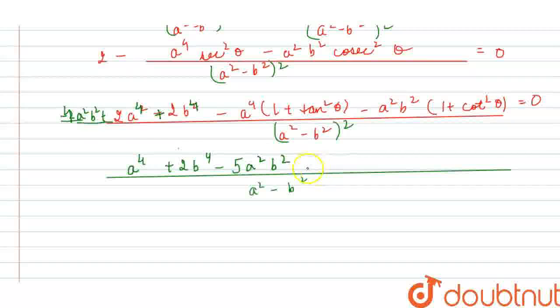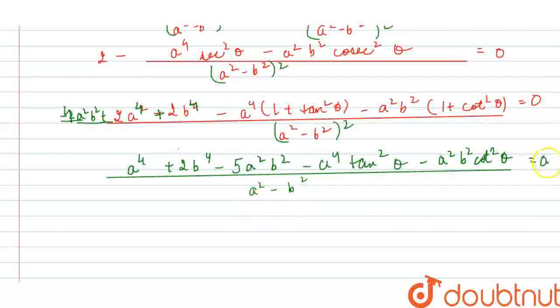And what I'm left with on the other side, it is minus a raised to the power 4 tan square theta minus a square b square cot square theta is equals to 0. Now I am basically rearranging it. After cross multiplying, it will be equal to 0. So only we will be left with the numerator term.